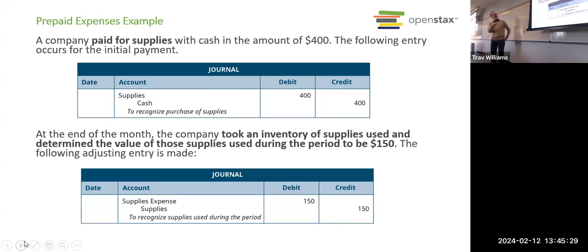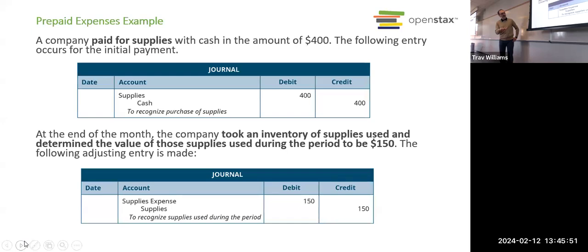And why does that make sense that we would debit supplies when we purchase them? Our supplies increased. Supplies are an asset. We know assets are part of DEAL, and the DEAL accounts get recorded in the debit column when they go up, right? So it makes perfect sense.